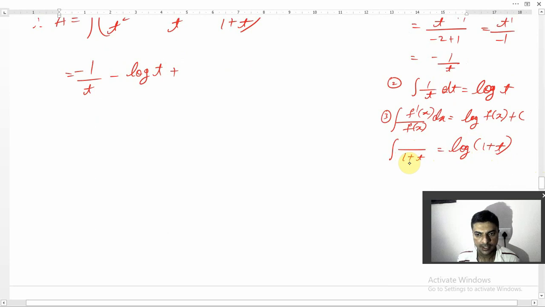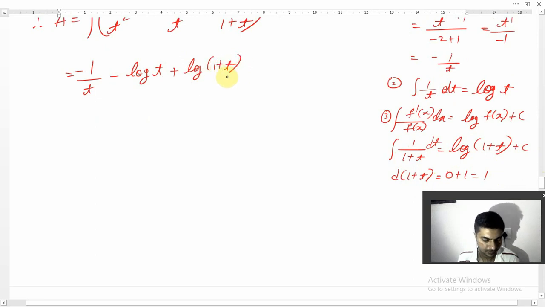The numerator must be the differentiation of the denominator. So when you differentiate 1 plus t, differentiation of 1 is 0, differentiation of t is 1. So differentiation of 1 plus t must be 1. So easily you can see 1 divided by 1 plus t is always log of 1 plus t plus c. So directly I am going to take log of 1 plus t. So using this property of integration, easily one can take this as log of.